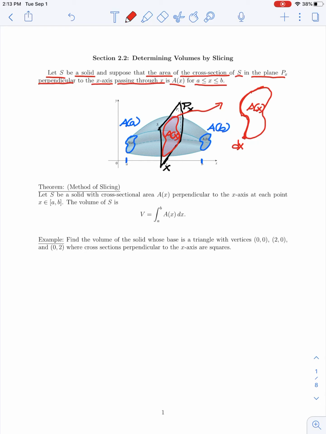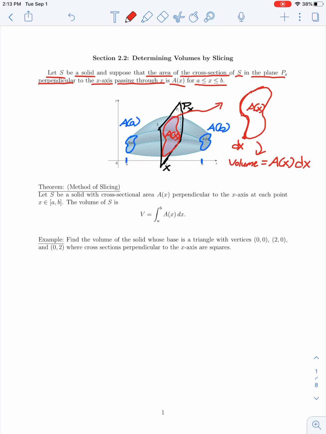Now, I know that to find the volume of a cylinder, I would take the area of the base. So the volume of that little cylindrical slice would be given by taking the area of the base of that cylinder, which is A of x, and then I multiply by the height of the cylinder.